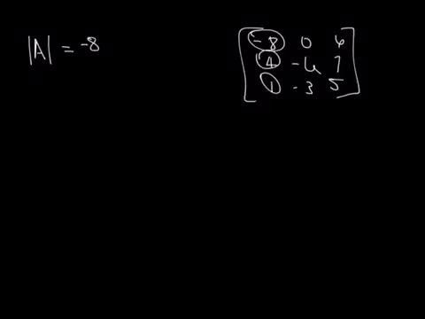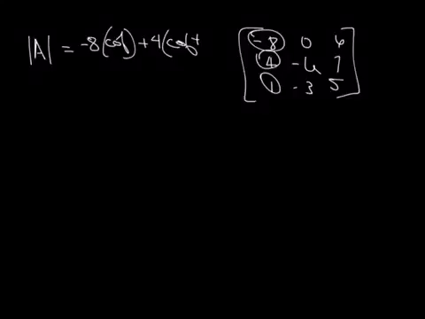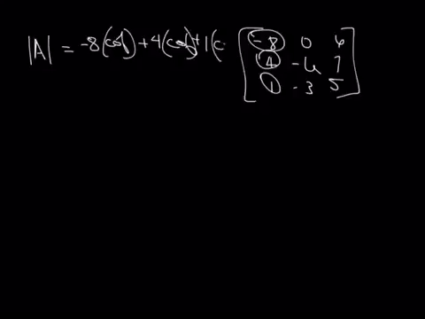So -8 times its cofactor, plus 4 times its cofactor, plus 1 times its cofactor. That's what we're going to do to find the determinant. First, we're going to remind ourselves how to find the cofactor of each one of these numbers. Then we just take -8 times that, add it to that times that, add it to that times that, and we've found our determinant.